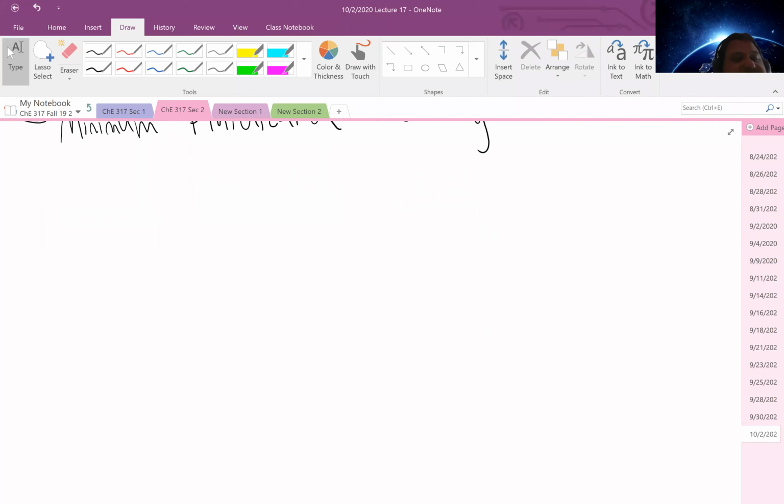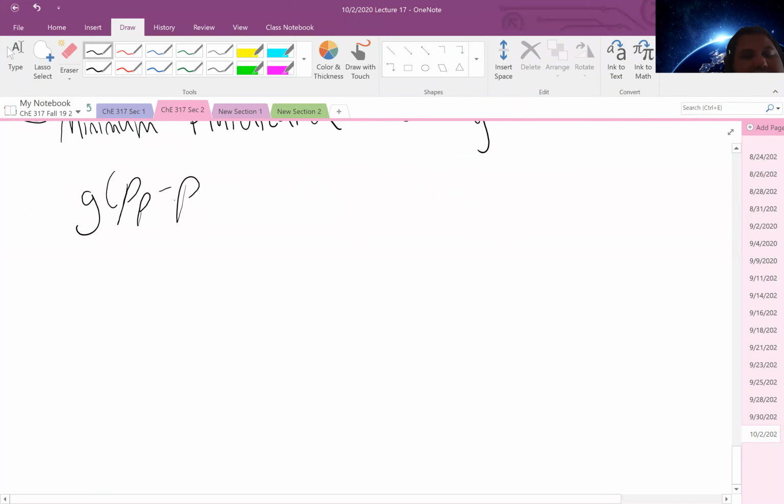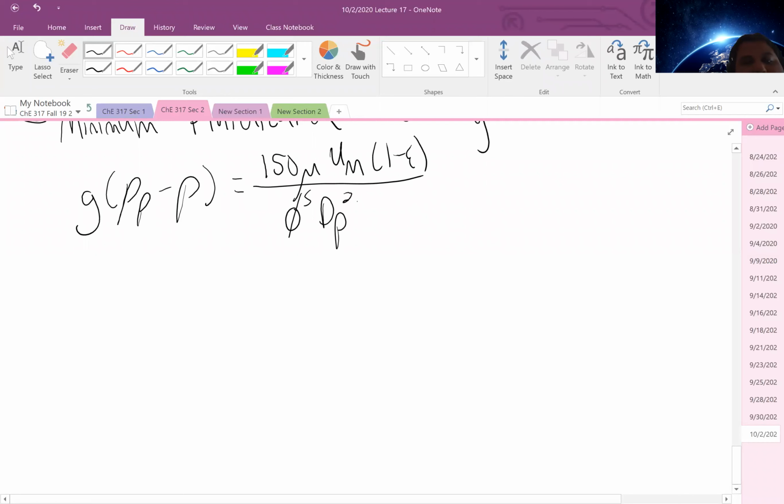And we end up with an expression that looks like this: G times rho of the particle minus density equals 150 mu naught U sub m times 1 minus epsilon divided by sphericity squared, diameter of the particle squared, times epsilon cubed, plus 1.75 times our density times our velocity squared, divided by sphericity times the diameter of the particle times epsilon cubed.